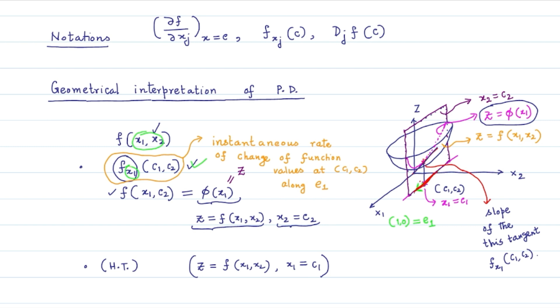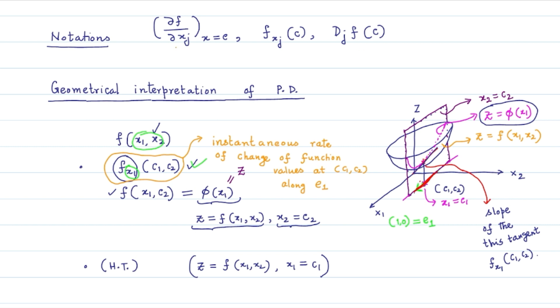Similarly, the partial derivative of f with respect to x2 at (c1, c2) is the instantaneous rate of change of the function values at the point (c1, c2) along the direction of the x2 axis.